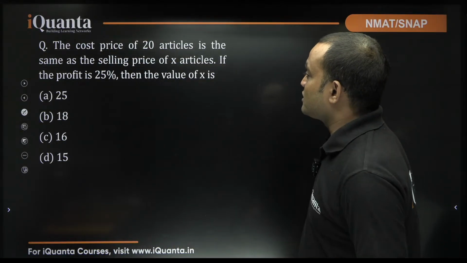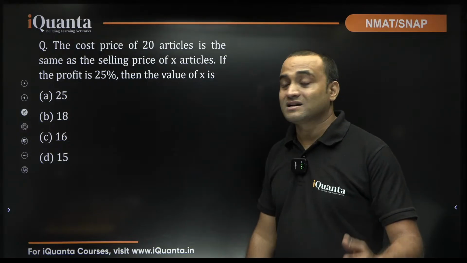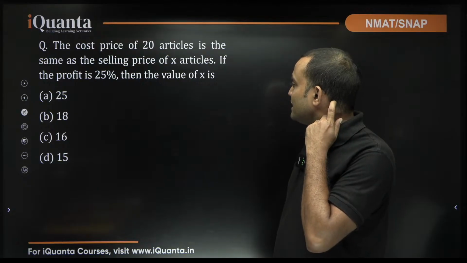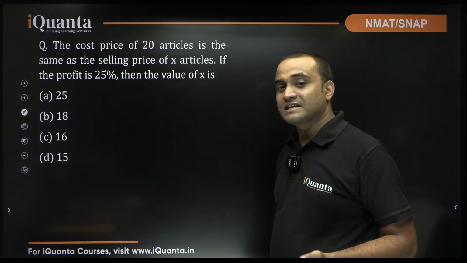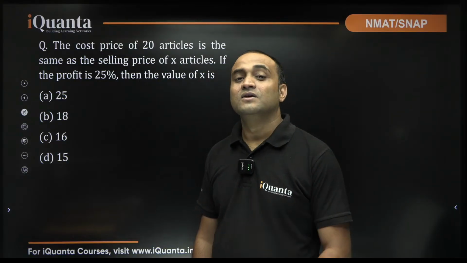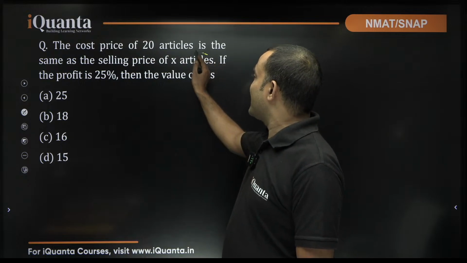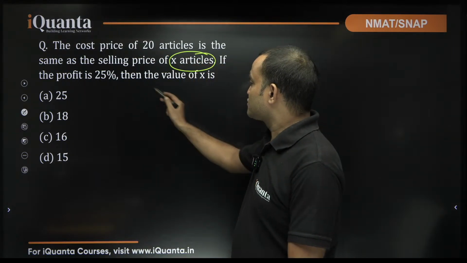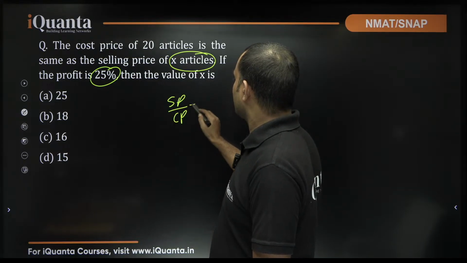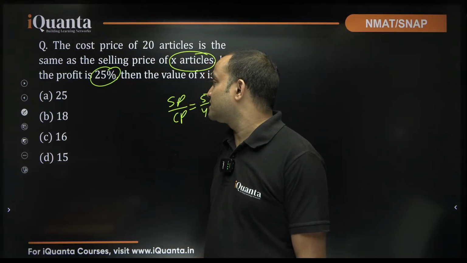This question says the cost price of 20 articles is the same as the selling price of X articles. If the profit is 25%, then the value of X is. So, what we can say, selling price of one article upon cost price of one article will be equal to 5 by 4, right. So, if the selling price of X articles we are talking about, with 25% profit, SP upon CP will be equal to 5 by 4, because of 25% profit.